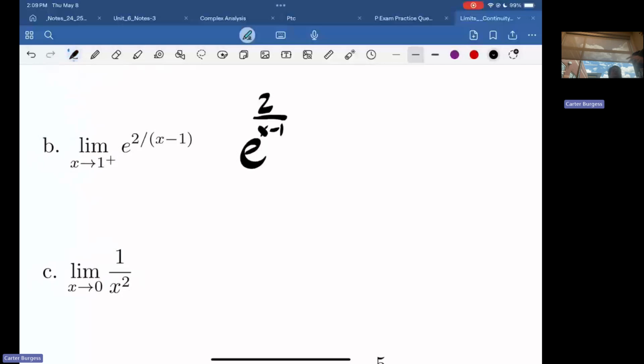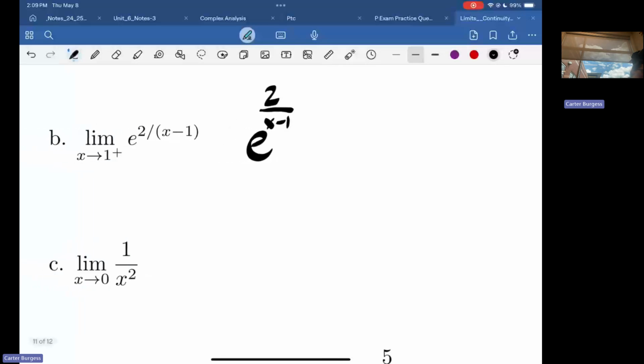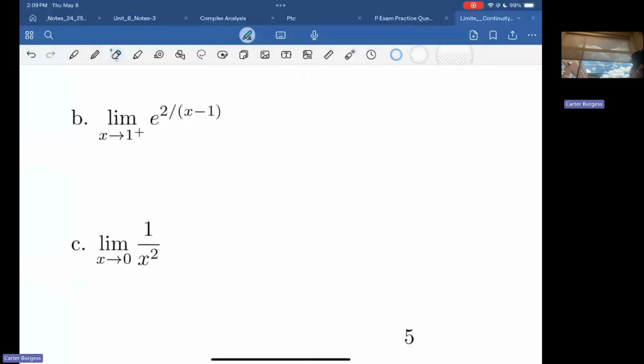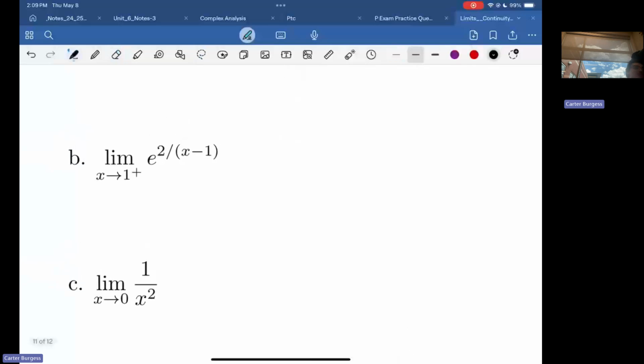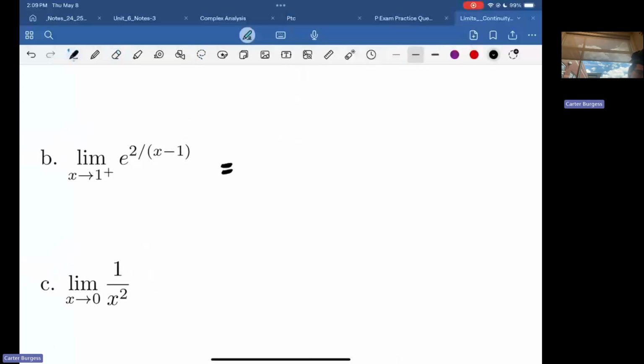We're subtracting 1 away, therefore all the values will be slightly positive, right? Very small, very slightly positive. And so the limit as we are approaching 1 from the right is going to be e to 2 divided by a positive small number.